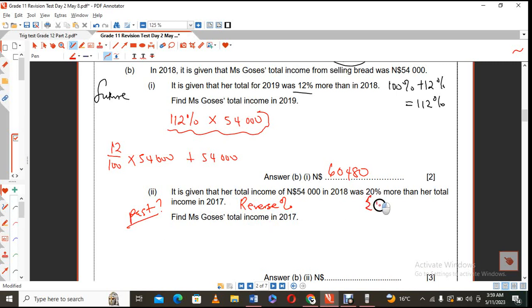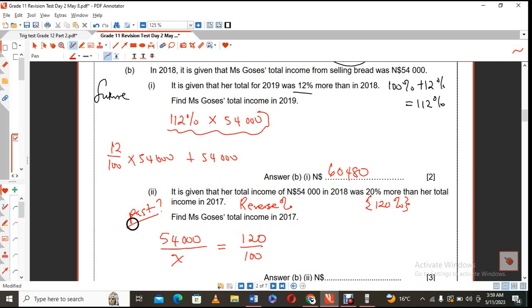We know there's a 120% increase in something. It means the income that she made in 2017 should be far less. So this 54,000 over the income we don't know of 2017, it represents 120%.